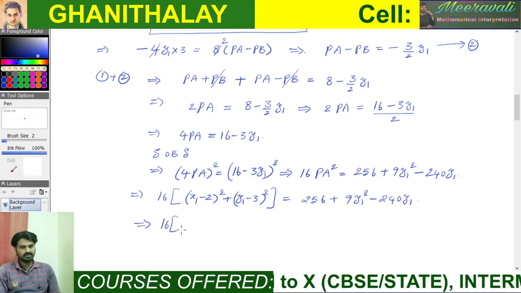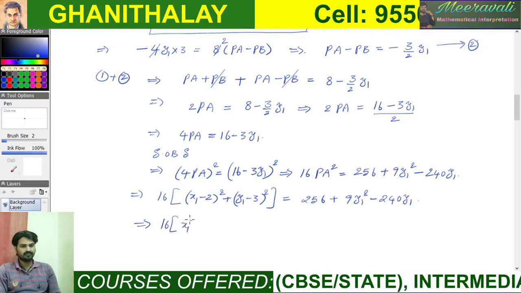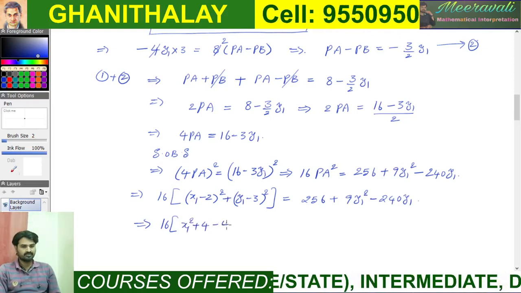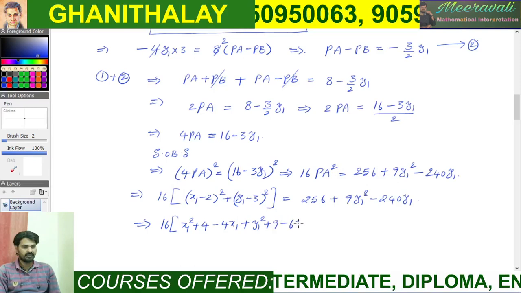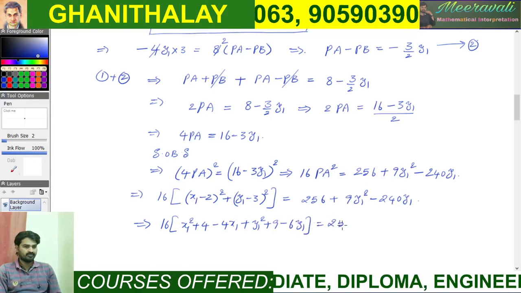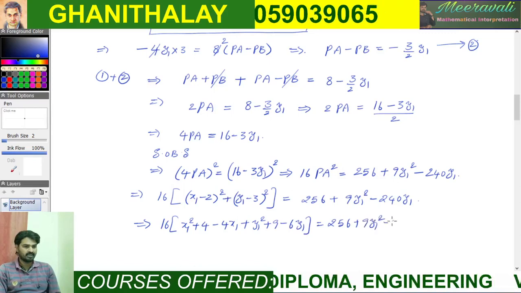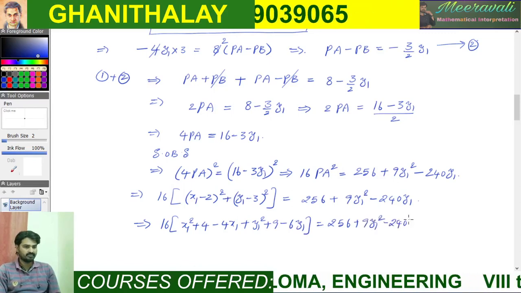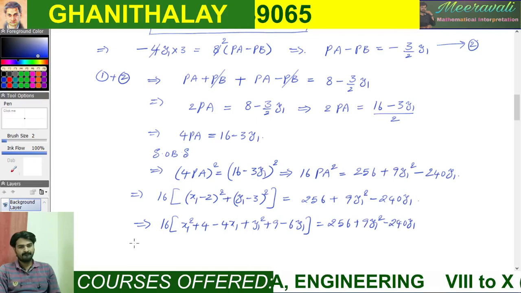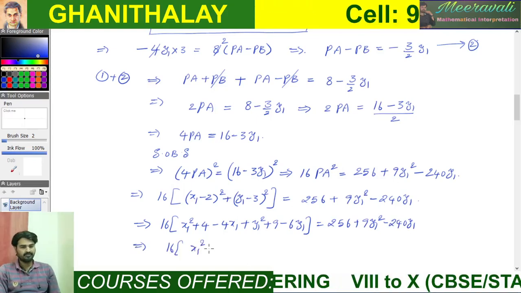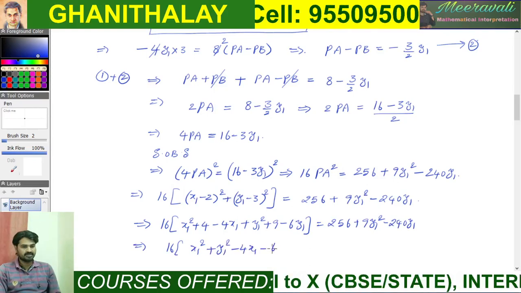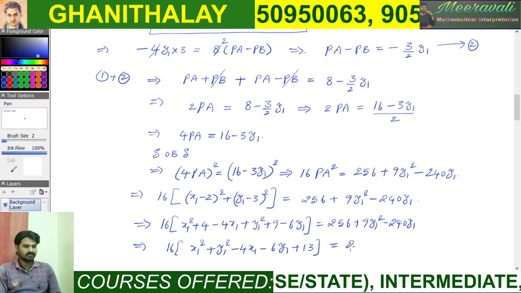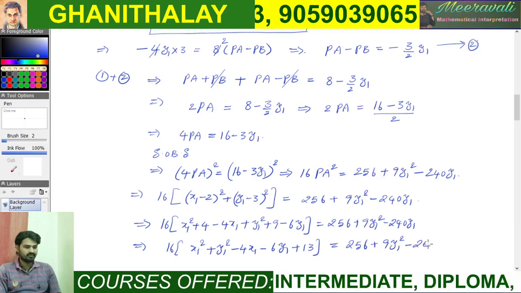Now you can write 16 into x1 square plus 4 minus 4x1 plus y1 square plus 9 minus 6y1 is equal to 256 plus 9y1 square minus 240y1. Before going to multiplication, simplify here: x1 square plus y1 square minus 4x1 minus 6y1 plus 13 is equal to 256 plus 9y1 square minus 240y1.